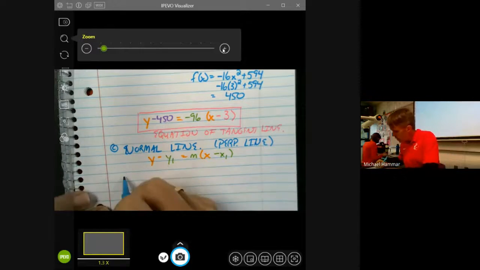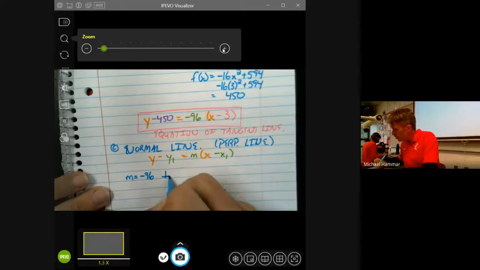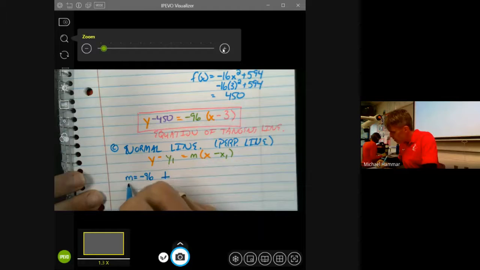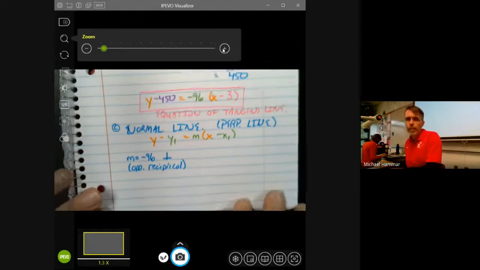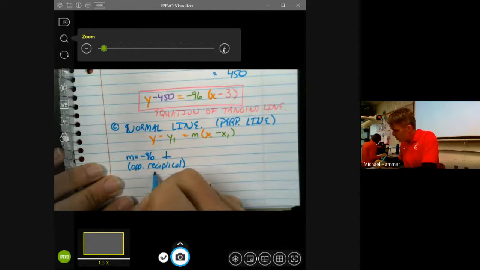Our slope was negative 96, but not for this one, because the normal line is perpendicular to the original line. For perpendicular, you have to take the opposite reciprocal. So we flip the fraction over and change the sign. So 1 over 96 is our new slope.